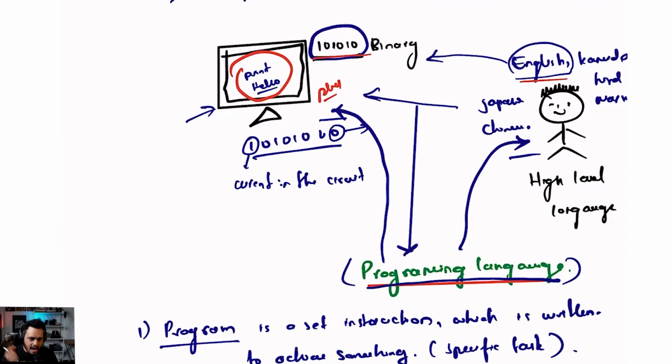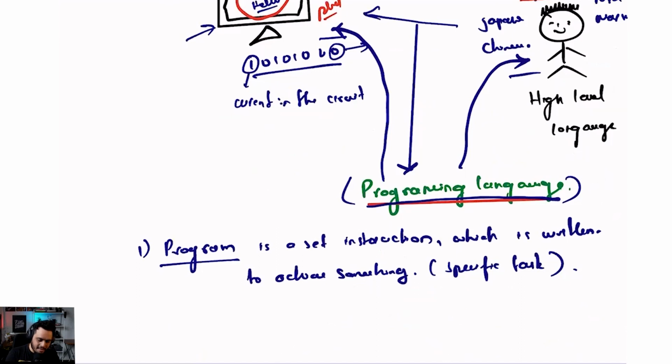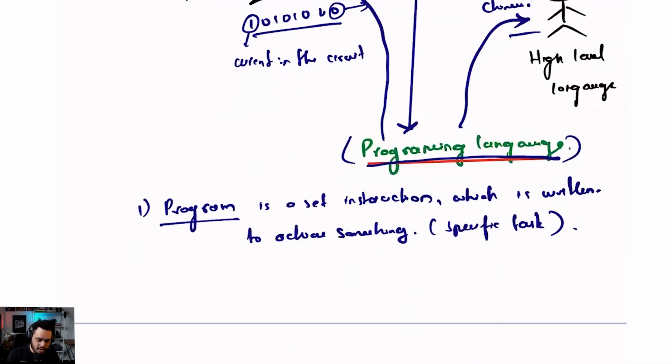Can language be a mode of communication for Imran? Can I speak with him in English, Hindi? No. I can use sign language, actions, right? Sign language is a mode of communication. So basically, if you put it in simple words, program is a set of instructions. What is programming language?